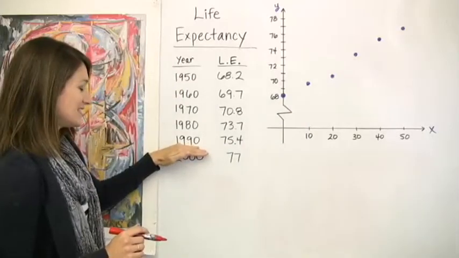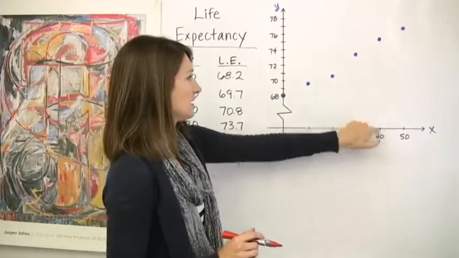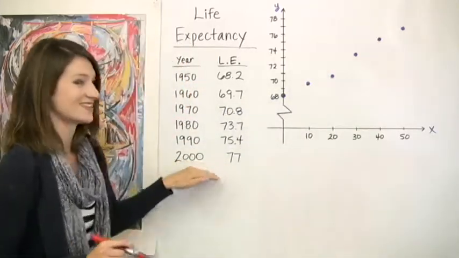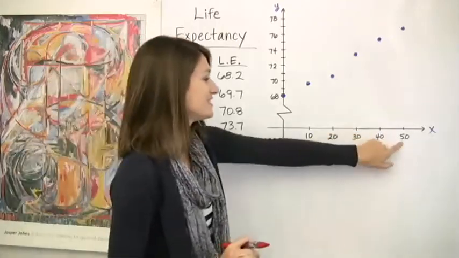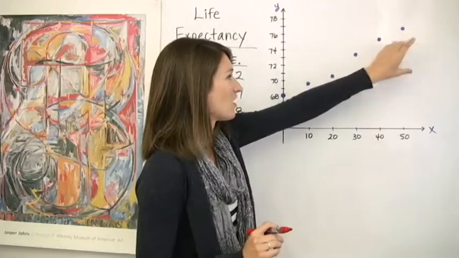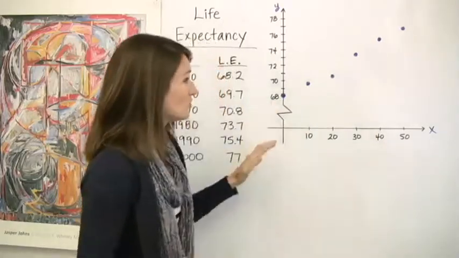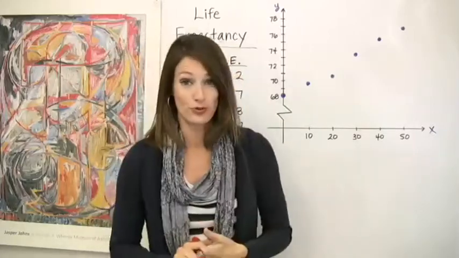For the 1990 value of 75.4, we plot that at 40 and 75.4. And our last point for the year 2000, that's 50 years since 1950, so we plot this at 50 and 77. So now looking at these points that we've plotted, you can see that they don't quite have a linear relationship. So we need to draw a regression line.